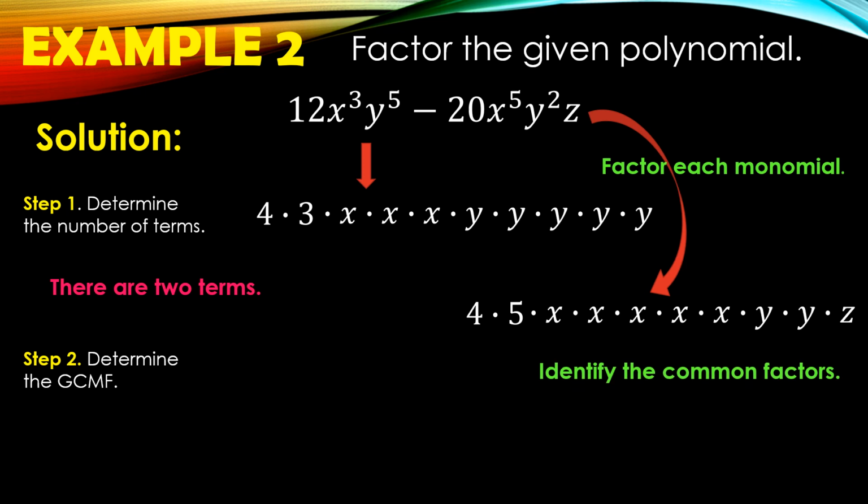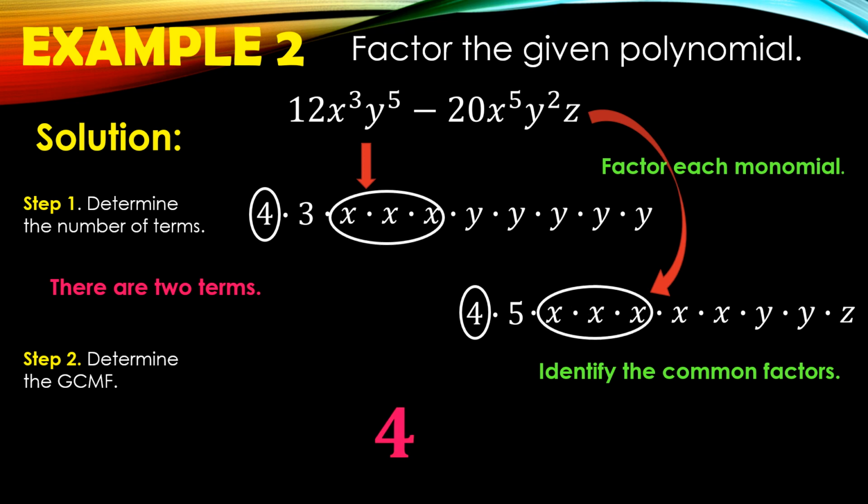Identify the common factors. So what is the common numerical factor? Correct, 4. How about in the variables? There are 3 common variable x. So that will give us x cubed.